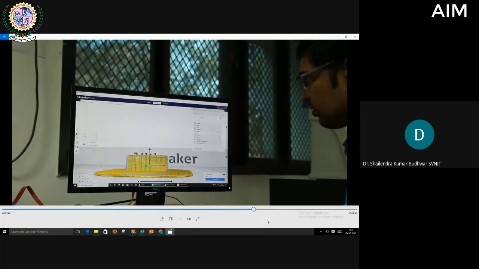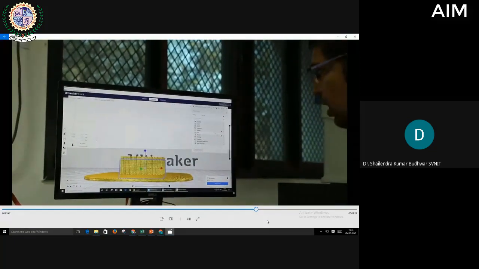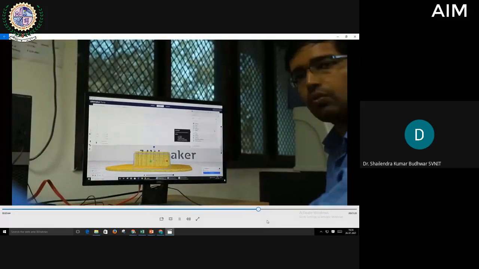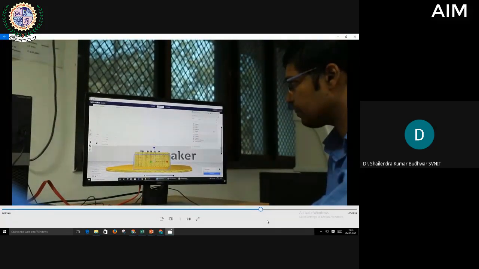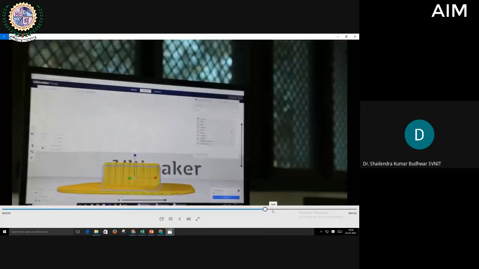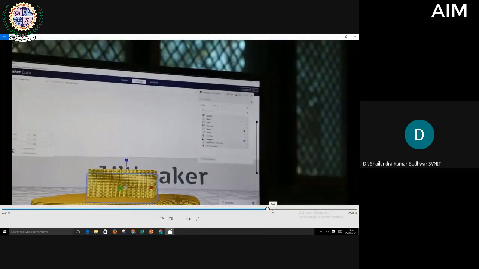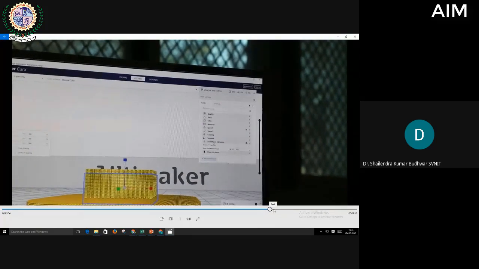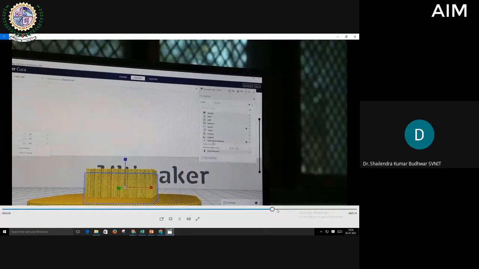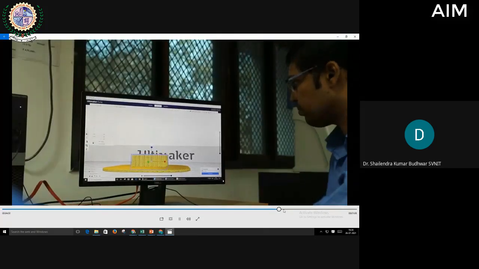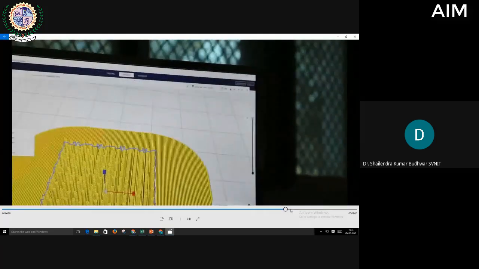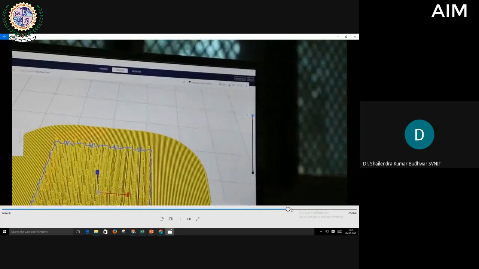The speed, print speed in mm per second. So 40 or 100 you can take. So travel, cooling are other options. Support, you can also generate support. Build plate adhesion is another option. So total there are 34 layers.